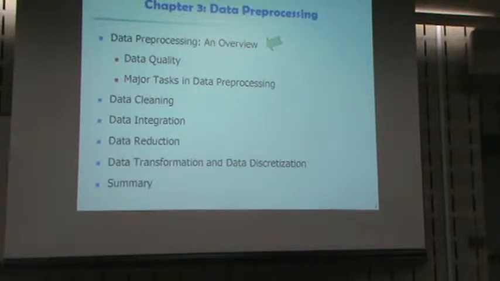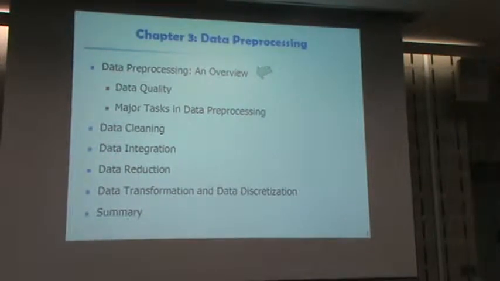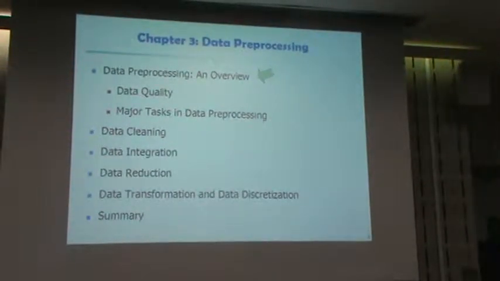So today we are going to see what data pre-processing is, how important it is, and some of the techniques, including data cleaning, integration and reduction. Data reduction is not only to reduce the number of data, but also to reduce the number of attributes, because nowadays most data is high-dimensional.